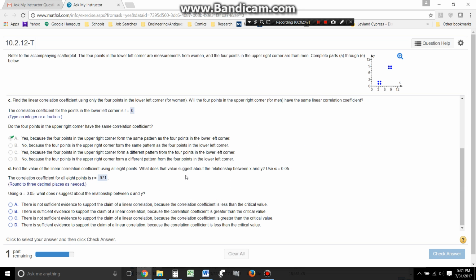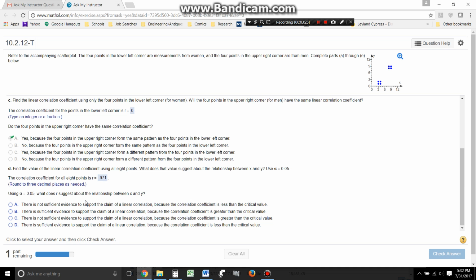Okay? Using alpha 0.05, what does R suggest about the relationship between X and Y? Well, I can already tell you right now, I don't need to actually calculate a critical value here. The test R, 0.971, is so large that there is sufficient evidence to support the claim of a linear correlation because the correlation coefficient is greater than the critical value.